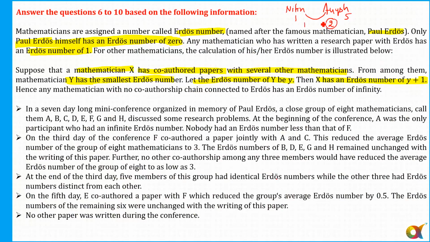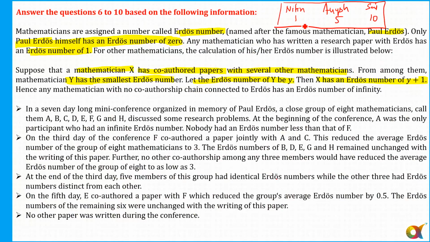Please respond, Ayush, Sai, Tanya. Even if there are 3 persons. Let's say Nitin, Ayush, and Sai. If my Erdos number is equal to 1, Ayush's Erdos number is equal to 5, and Sai's Erdos number is, let's say, 10. Now, we have decided that all of us will write one paper together.